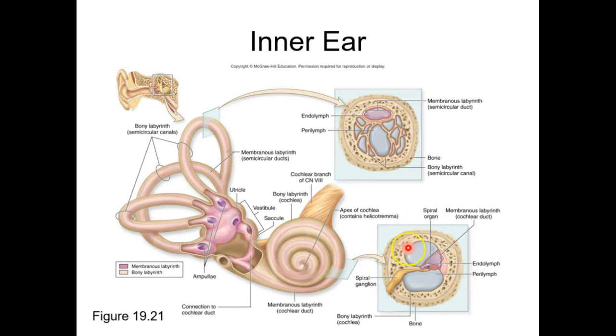So you're going to have, again, the perilymph here and here, and then the endolymph right in this pinkish part right here. We will ultimately be zooming way in on what's going on right there to cause sound perception. We're not there yet. Right now, we're just focusing on the difference between bony and membranous labyrinth. And the difference is form and function, right?